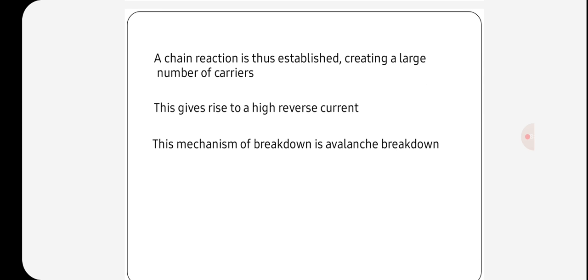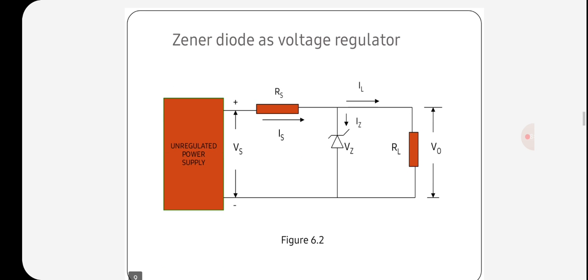A chain reaction is thus established, creating a large number of carriers. This gives rise to a high reverse current. This mechanism of breakdown is avalanche breakdown.